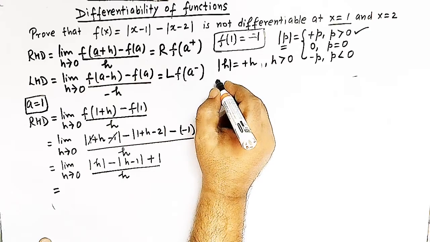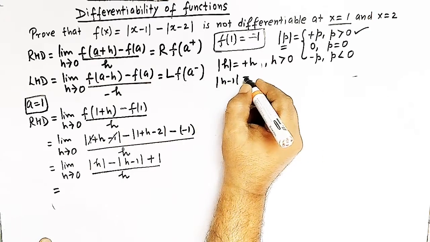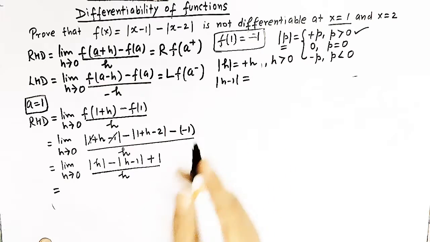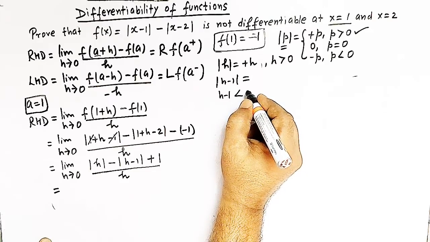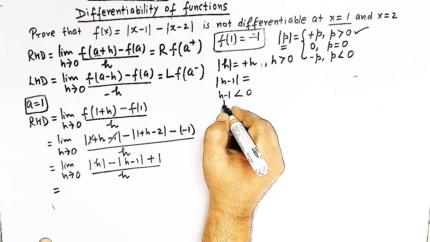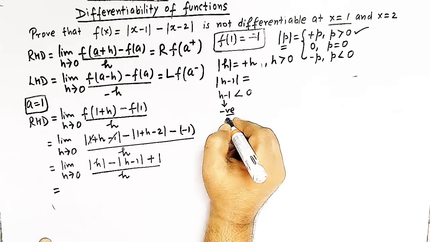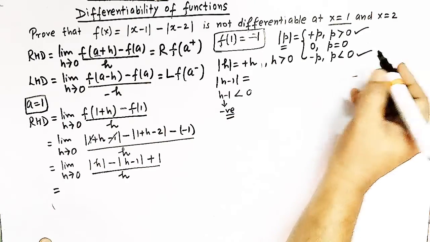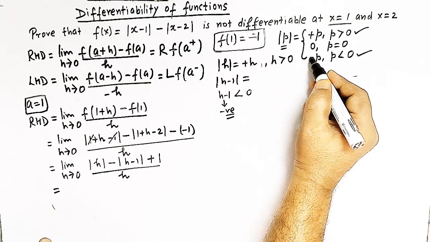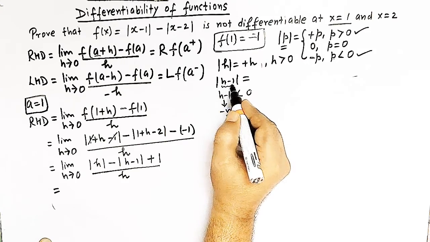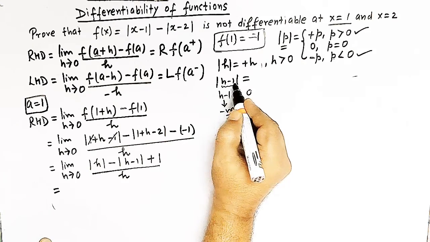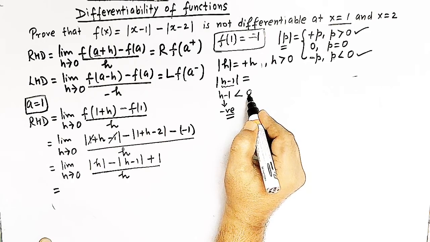And here we have a mod of h minus 1, right? Now see, h is infinitesimally very small, and it lies between 0 and 1. So this difference, that is h minus 1, is always going to be less than 0. That is, this quantity is always going to be negative, right? So due to this definition, that is mod of p is equal to negative p when p is less than 0, here we can take p as h minus 1, and h minus 1 is negative, that is, it is less than 0.